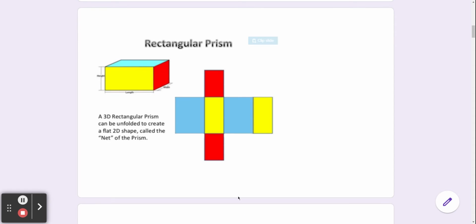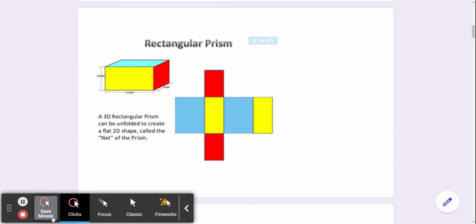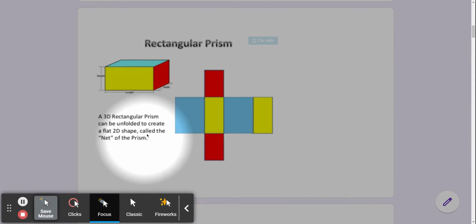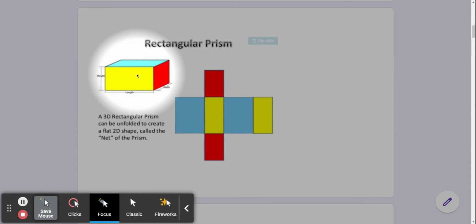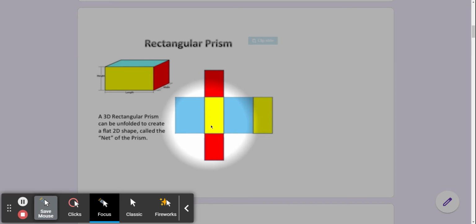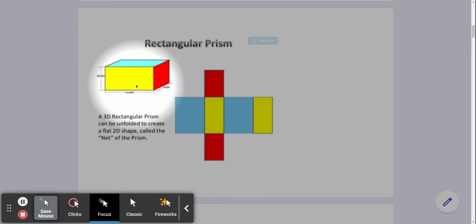So here's a prism right here. This is what you're used to seeing a prism. But now, if you take it apart and unfold it, it looks like this guy right here. So this is unfolded, and then this is the prism folded back up.